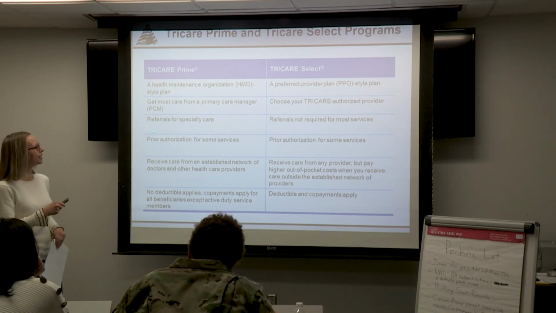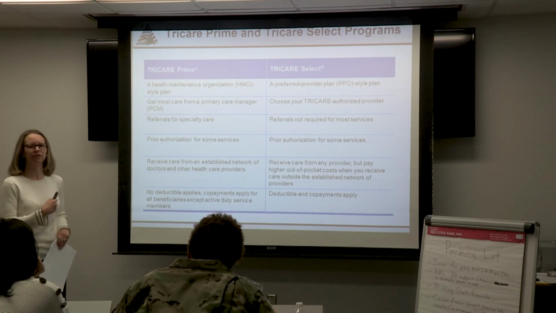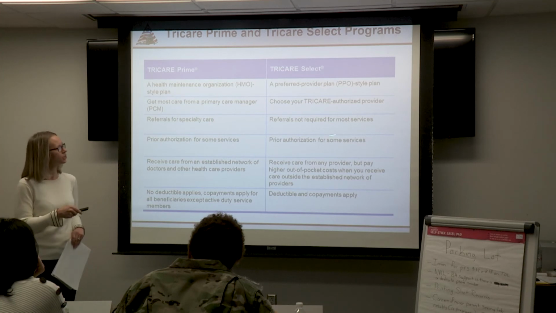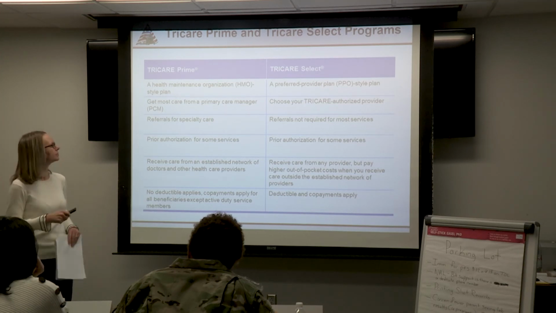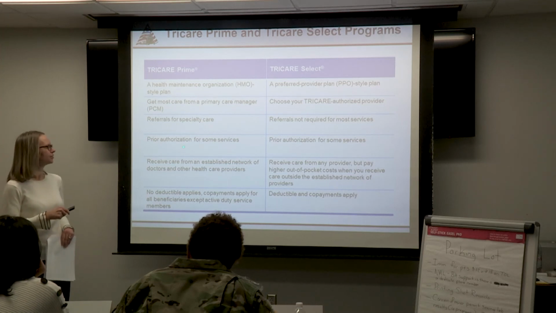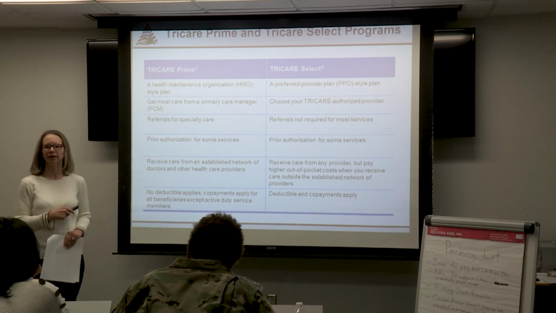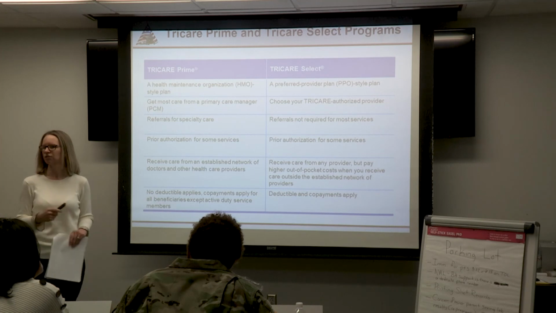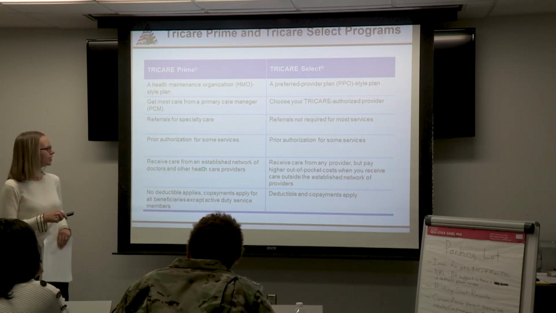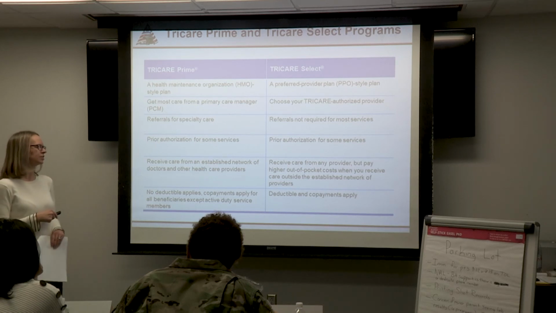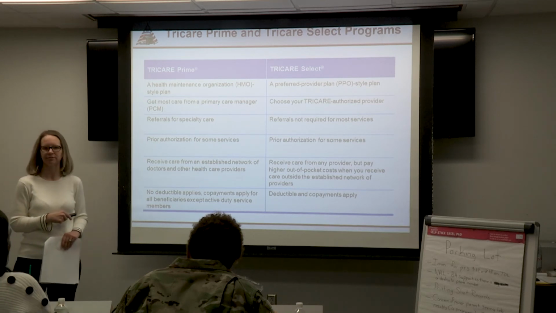For TRICARE Prime, referrals for specialty care are required. For TRICARE Select, referrals are not required for most services. For Prime, prior authorization for some services is required, and the same is the case for TRICARE Select. For TRICARE Prime, you receive care from an established network of doctors and other healthcare professionals.